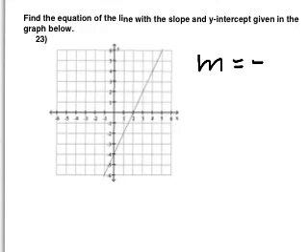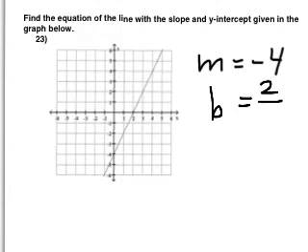B equals -4. Okay, so let's just count our slope. We'll go up 2, 1, 2, and over 1. So M equals rise of 2, run of 1, or equals 2.